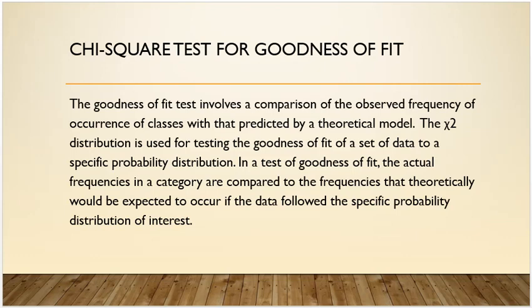With the difference between these two sets of expected and observed frequencies, we calculate the chi-square statistic and check whether it is significant or not. That, in summary, is what we do in the chi-square test for goodness of fit.